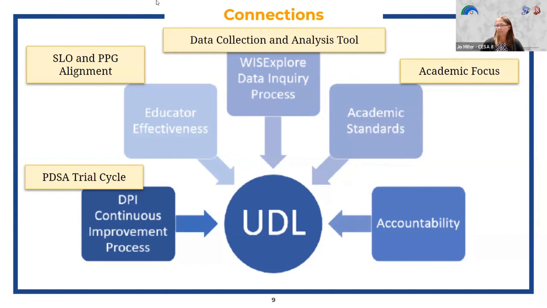The UDL implementation trials work is a nice way to really look at how student groups, and generally we know that we have populations of students that are considered underserved, and how are those students responding to the UDL practices that we're deploying at the classroom level. So the work is a nice vehicle to really touch 5 priorities that are on the radar screen in our state, but also priorities that I'm sure are connected to the work you do in your districts as well.